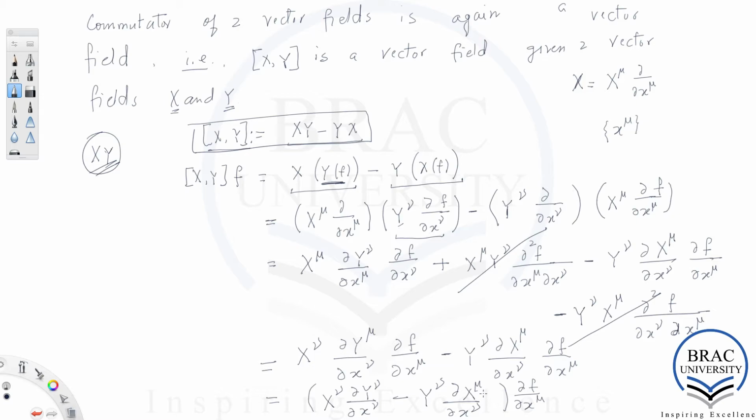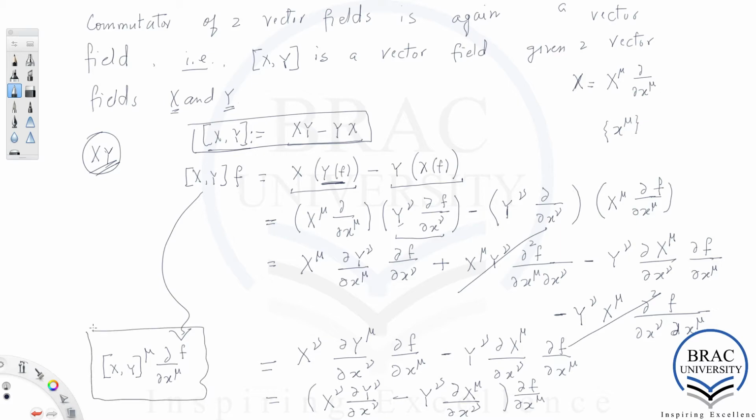And well, we expect this to be, in the coordinate basis, the components of [X, Y]^mu ∂/∂x^mu acting on f, right?